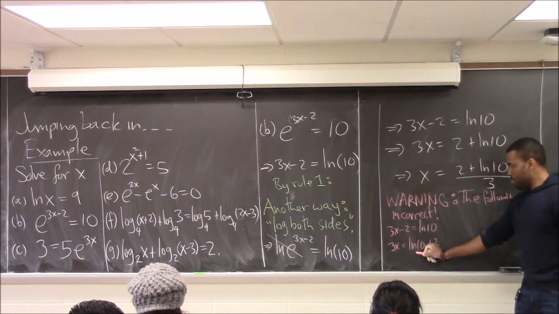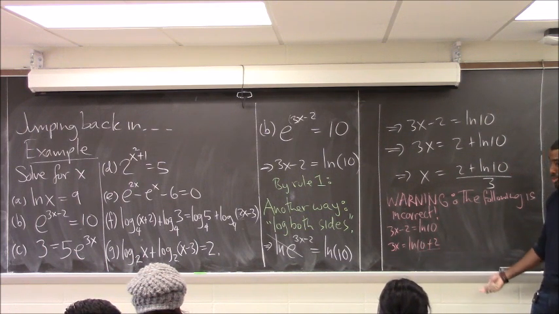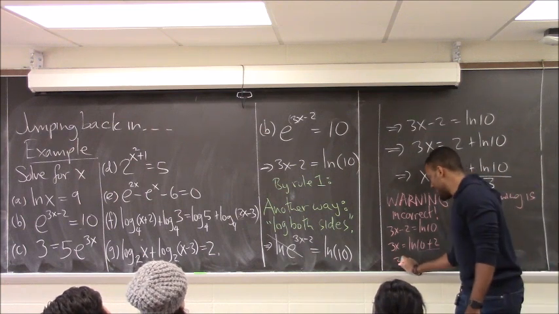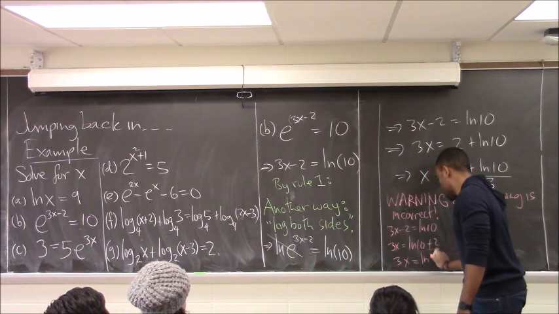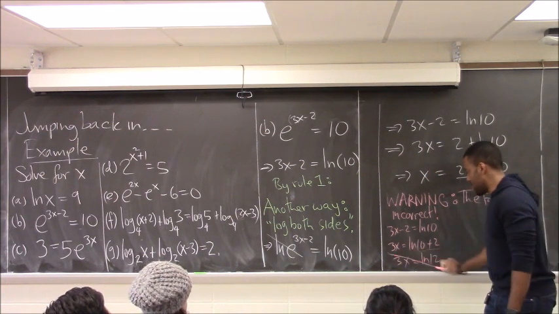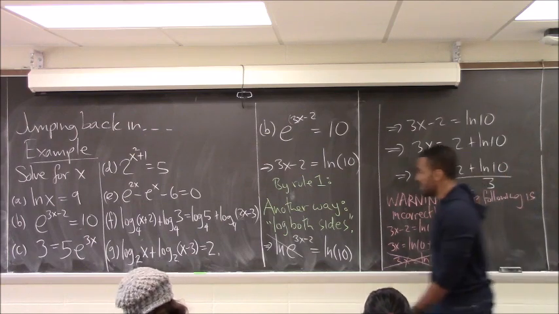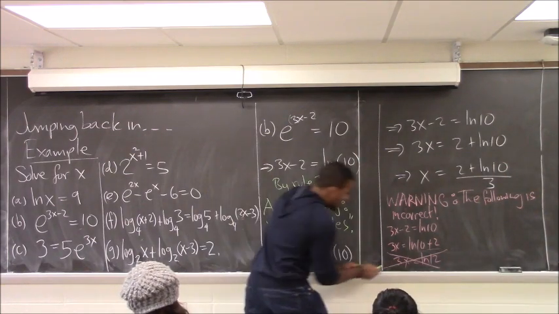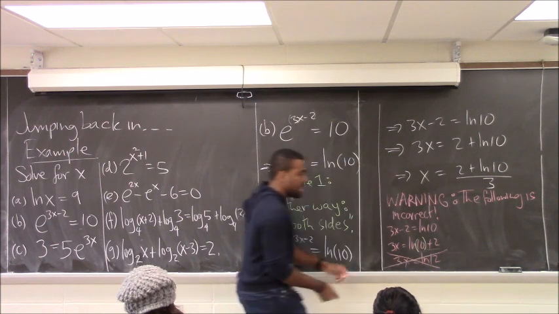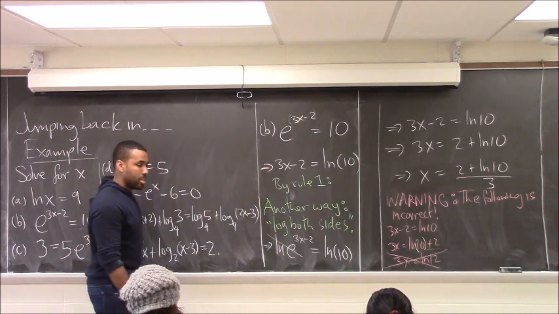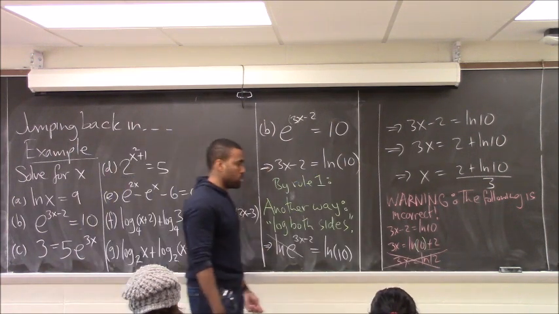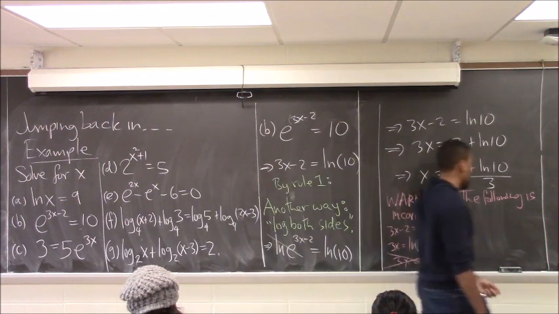They see the 10 plus the 2 beside each other, and what do they decide to do? They decide to add the 10 and the 2. This is very wrong. The 10 is inside of the ln, right? The 10 is being operated on by the ln. The 10 and the 2 are not like terms. You cannot combine them. You can only combine like terms.